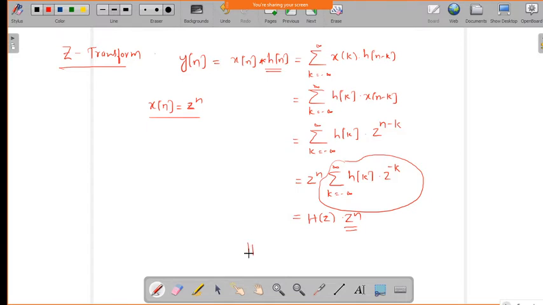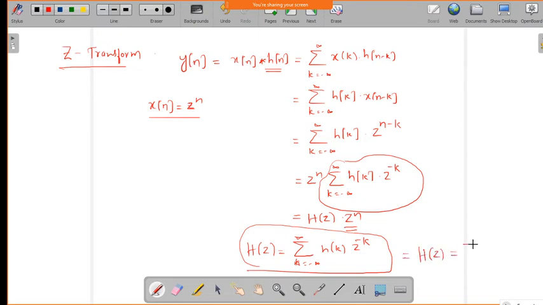This H of z is called the z transform of the impulse response h of k, that is h of n: sum over k equal to minus infinity to plus infinity of h of k z power minus k. Here k is a dummy variable, so if you replace it, you get the sum over n equal to minus infinity to plus infinity of h of n into z power minus n.